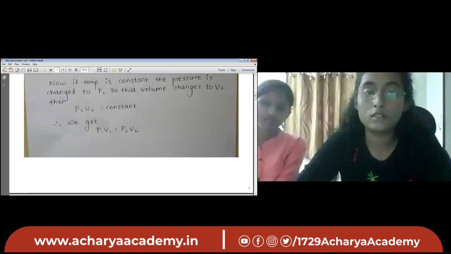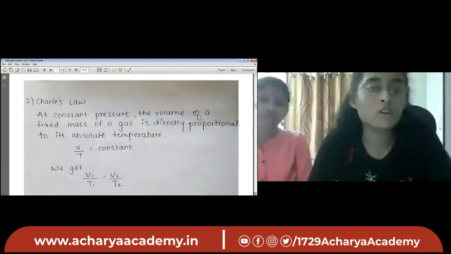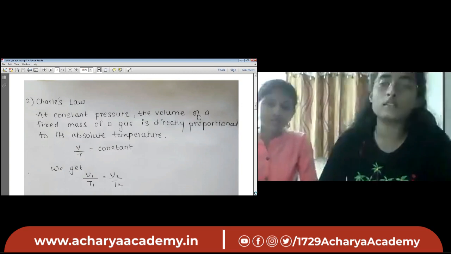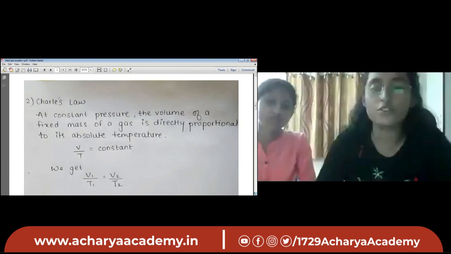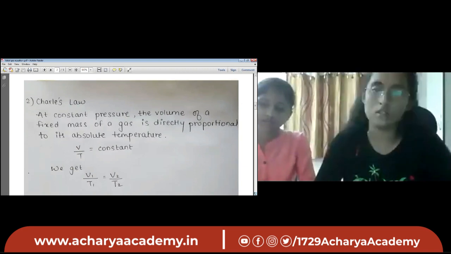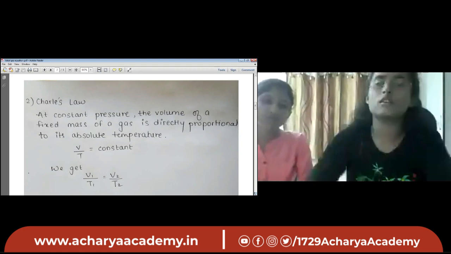Understood? Okay. Next we'll move on to the second law, which is Charles' law. I'll read out the statement: at constant pressure, the volume of a fixed mass of gas is directly proportional to its absolute temperature. In this case, the scientist kept pressure constant, and the number of moles is constant too, since we take a fixed amount of gas.